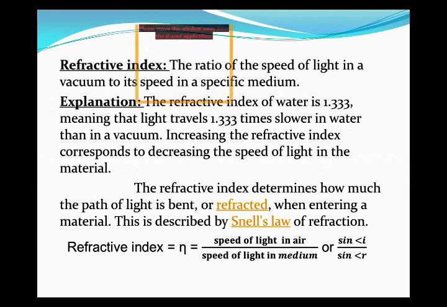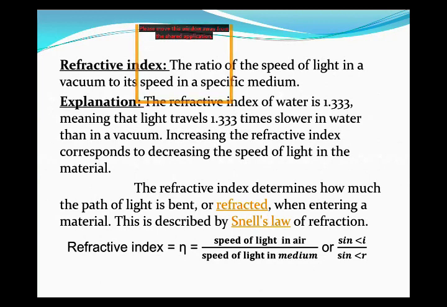It means whenever light comes from the rare medium its speed is higher, but when it enters the denser medium its speed decreases, meaning it travels slower.